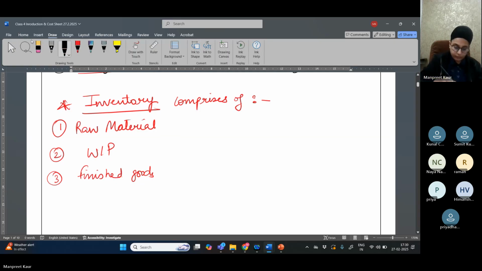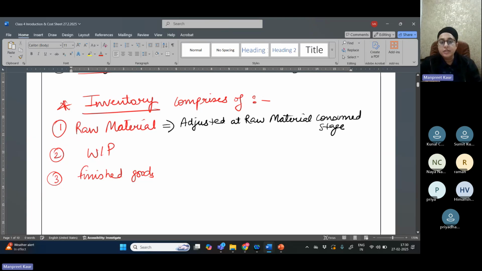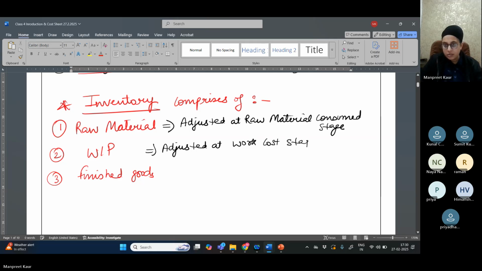Raw material cost is adjusted at the raw material consumed stage. WIP is adjusted at work cost stage.